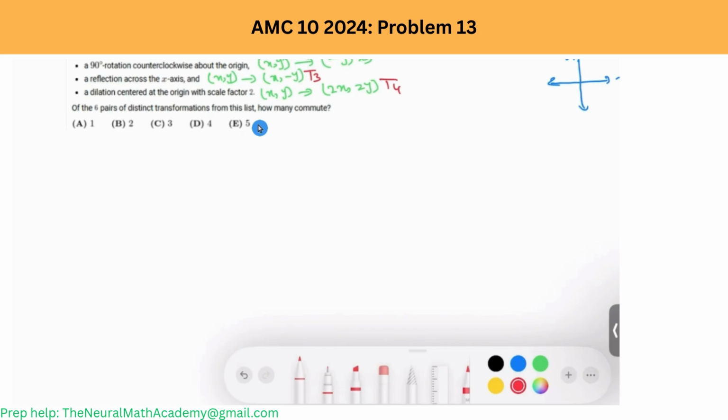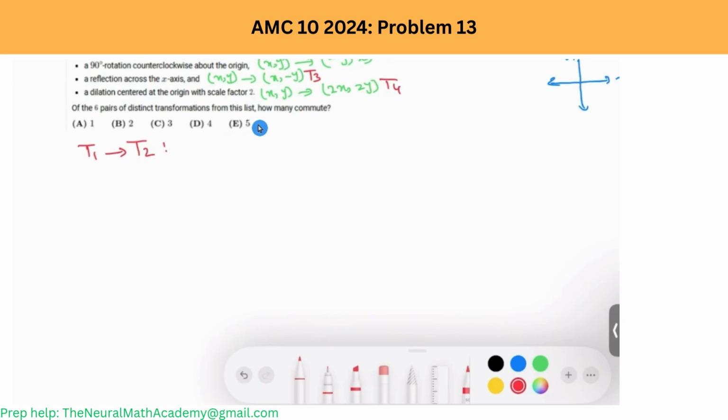Now we need to see which transformations commute. Let's first check T1 then T2, and then also T2 then T1. Basically we are checking whether applying T1 first and then T2, or T2 first and then T1, gives the same answer.